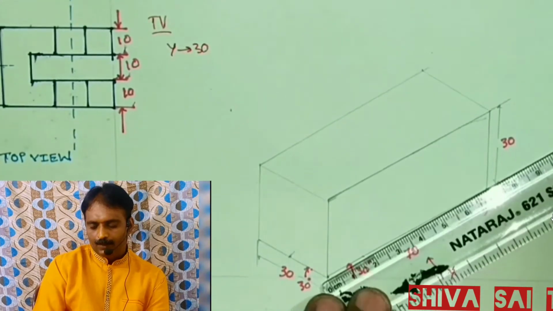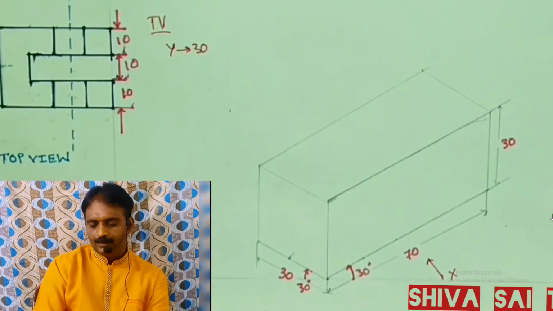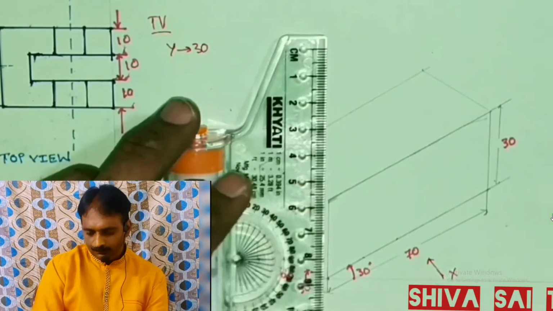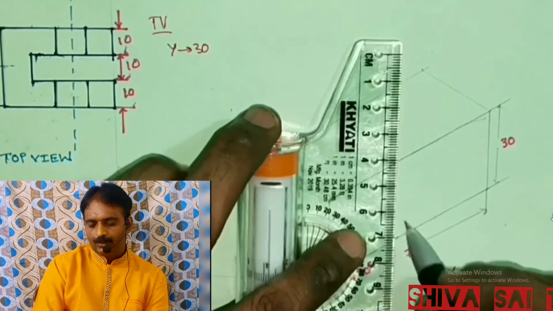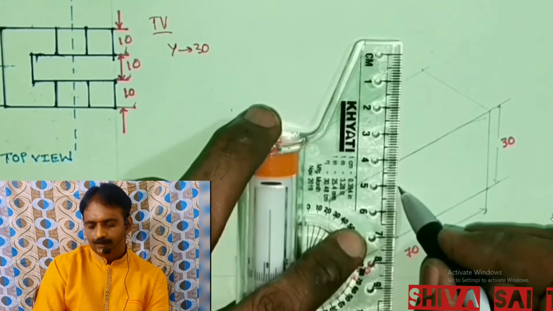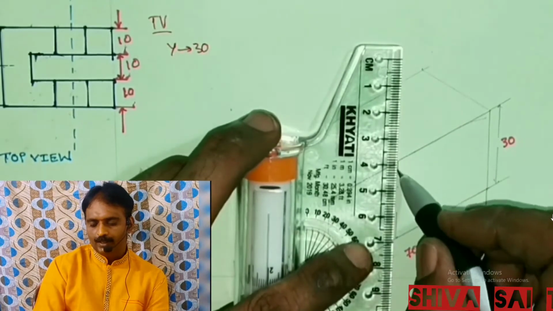So let me represent the top view here. The X represents the direction of the front view. At a distance of 30 we are going to have, simply I am projecting the elevation here.